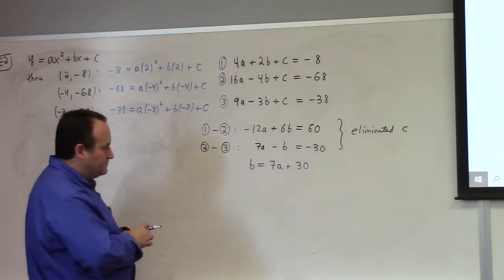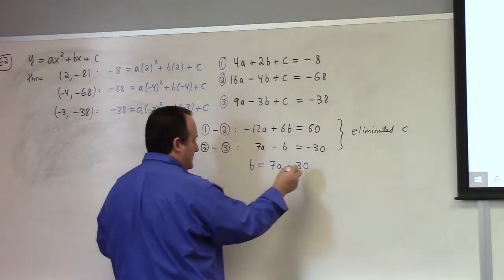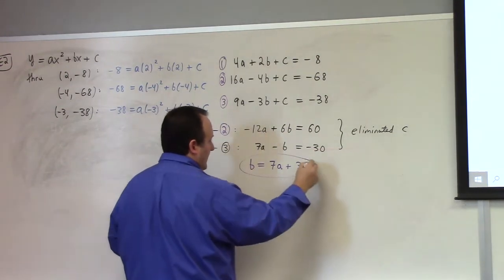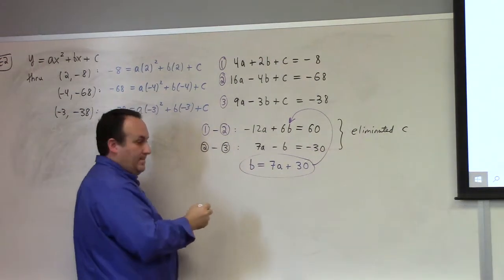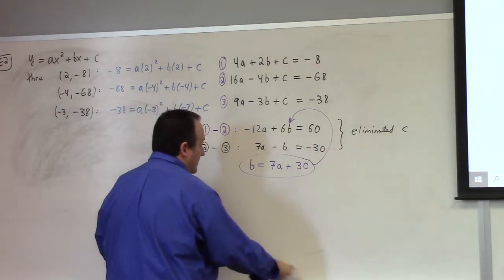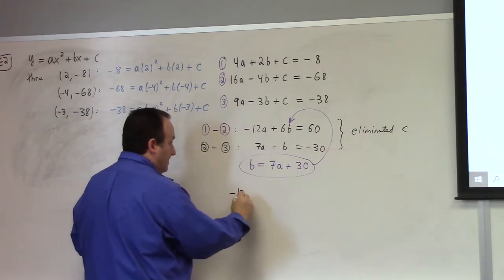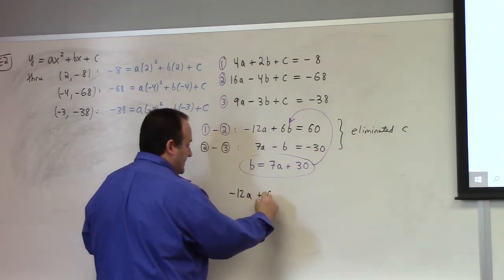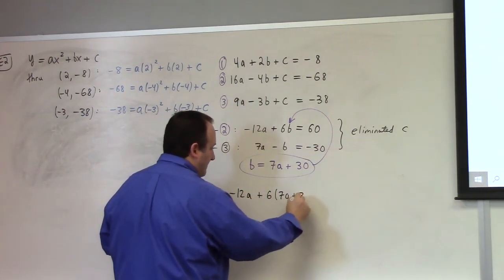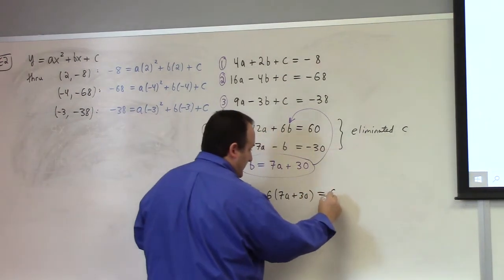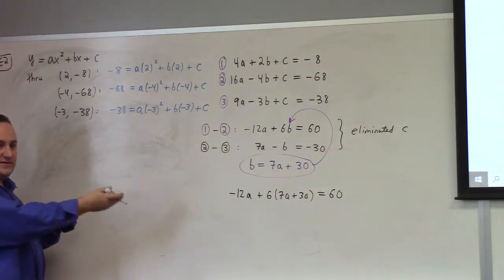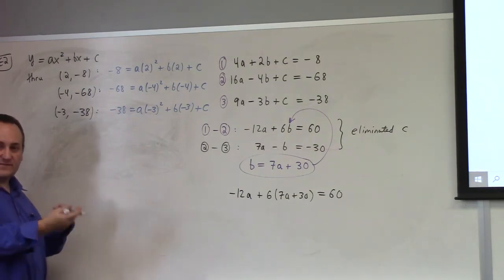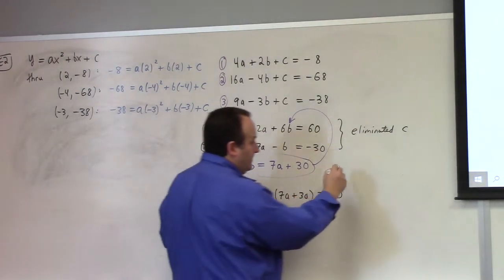Okay, and then we take that and plug it in here. That gives me minus 12a plus 6 times 7a plus 30 equals 60. Now I have one equation and one unknown. So substitution eliminated b.